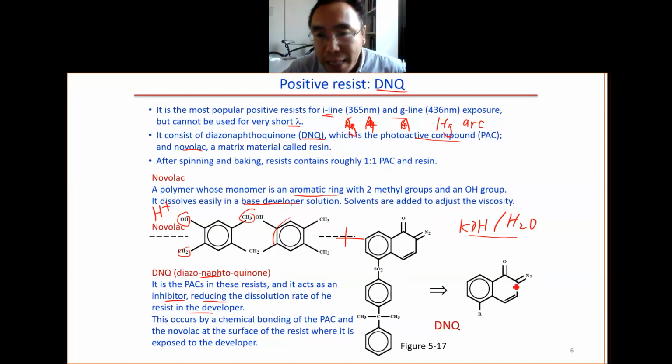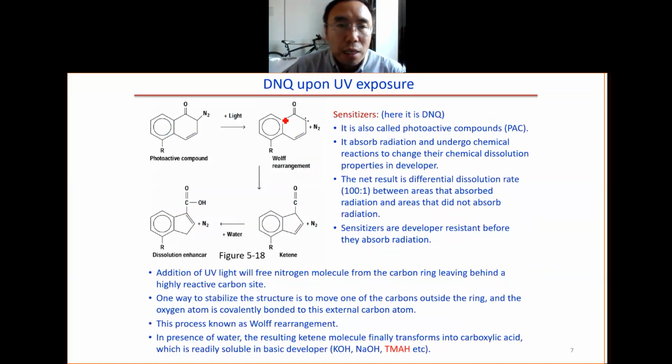When we have the light, here we have the N2, should be something like N3 N2, this part will be broken. Here is the chemical reaction upon shining the UV light. This part is broken and releases nitrogen gas. Then this carbon moves to here, and it becomes something like this.